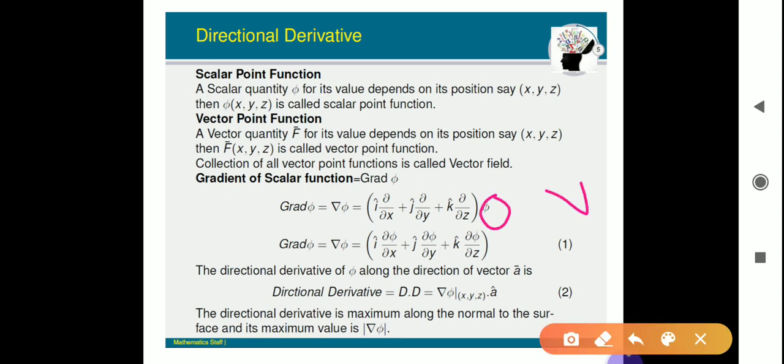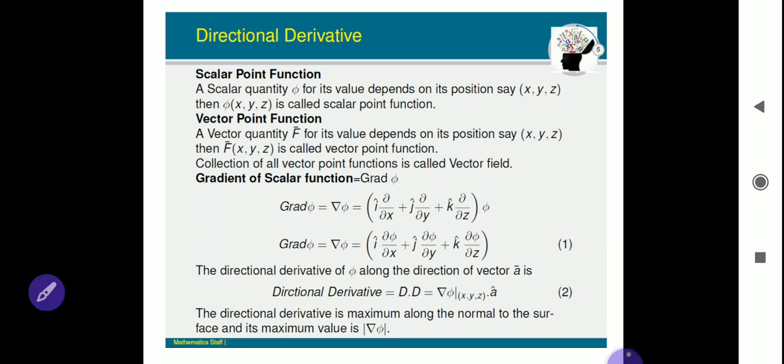If we operate del on phi, where phi is a scalar point function, it gives del phi. This del phi is a vector quantity called the gradient of phi. And how do we write del phi? Del phi is i bar del phi by del x plus j bar del phi by del y plus k bar del phi by del z. This is called the gradient of phi.